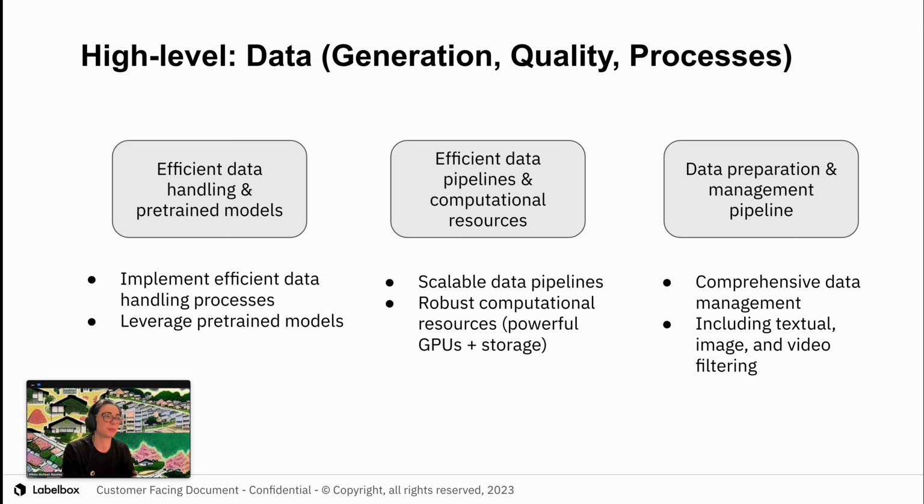And you also want to implement efficient data handling processes, scalable data pipelines, and having the compute resources to handle them. Pretty important. Good data preparation and management. So having good data management practices, especially ones that can handle the diversity of data that you're dealing with.